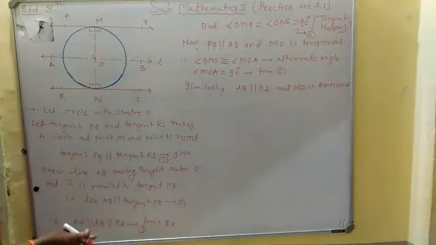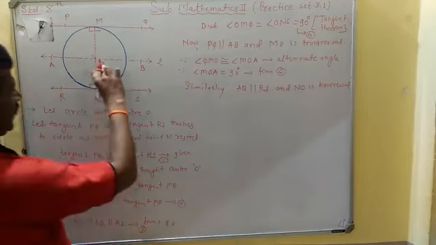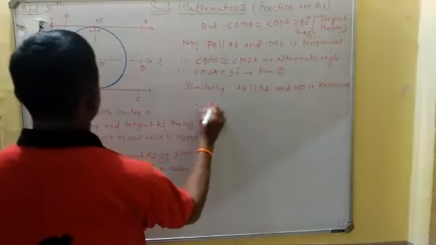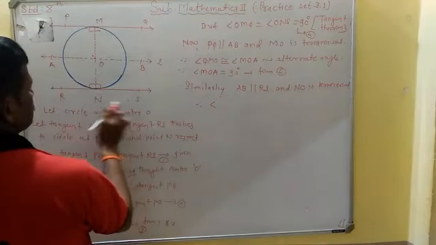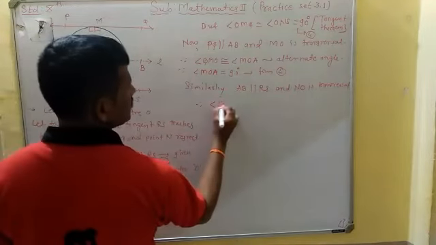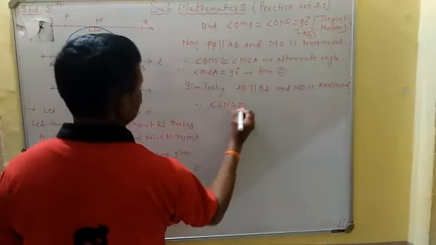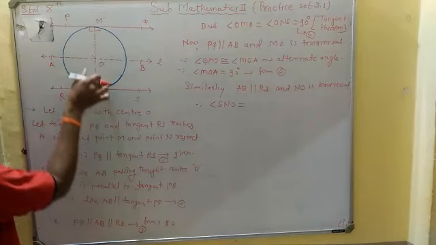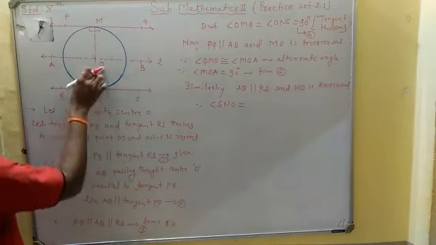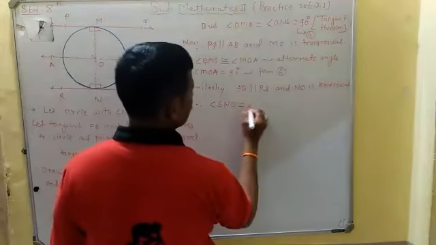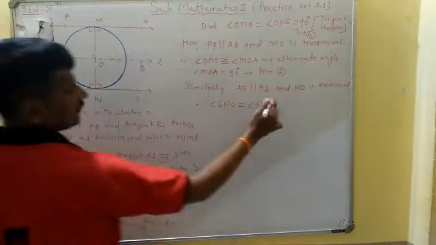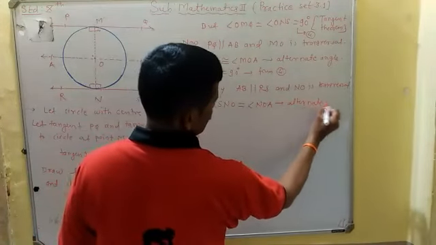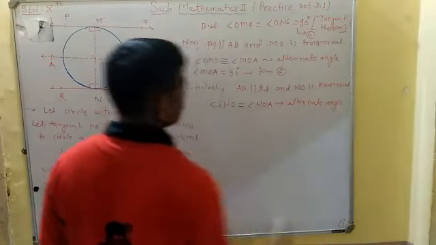We have taken the construction AB parallel to RS and taken NO as the transversal. In a similar way we write here, therefore angle SNO is equal to angle NOA, because they are alternate angles and that's congruent.